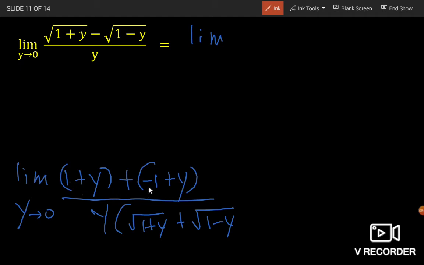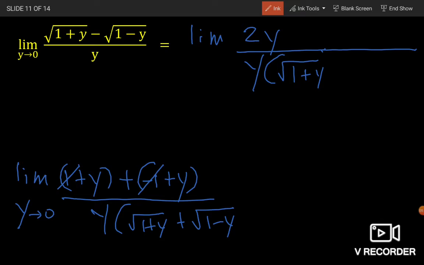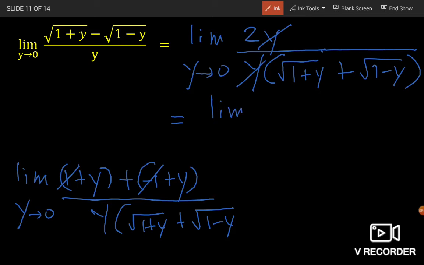So 1 plus negative 1 will be 0. These two will cancel out each other. So you have y plus y, which will give you 2y over y multiplied by the square root of 1 plus y plus square root of 1 minus y, as y approaches 0. The y here cancels the other y.